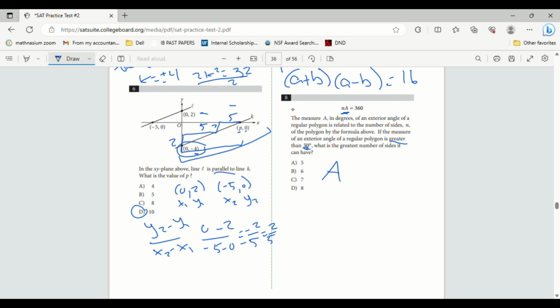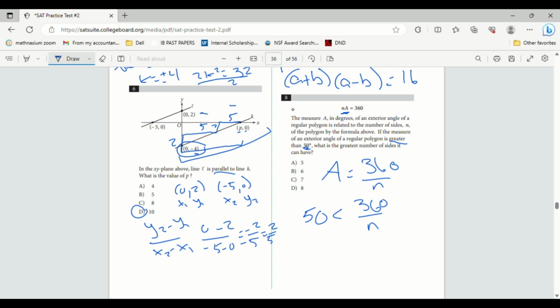So A equals 360 over n. And now it said that the measure of an exterior angle is greater than 50 degrees, which means that 50 has to be less than its equivalent, or saying that this 360 over n is greater than 50.